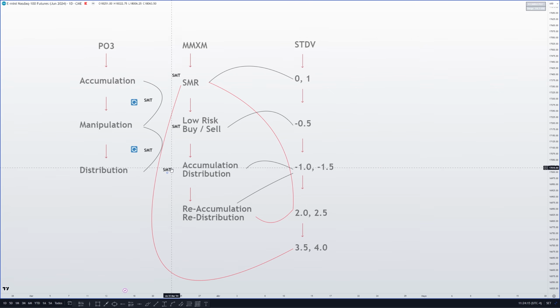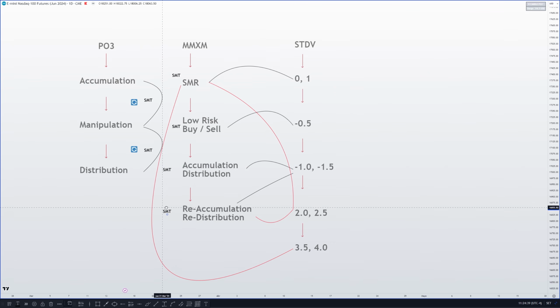This SMT is your confirmation in every change for every stage of this market maker buy model or sell model. Or it's your confirmation for one change from accumulation to manipulation or manipulation to distribution in one power of 3, in the present power of 3 in development.